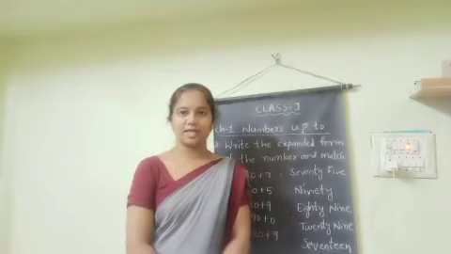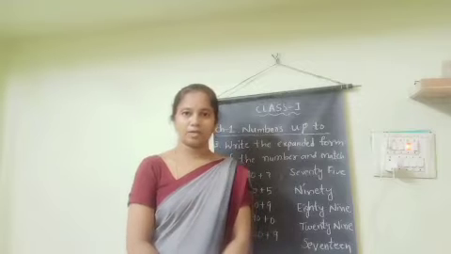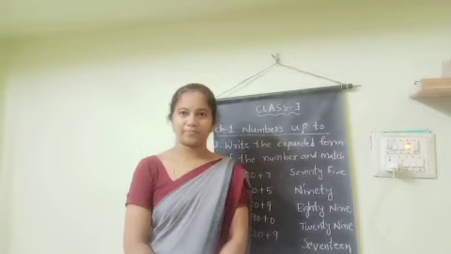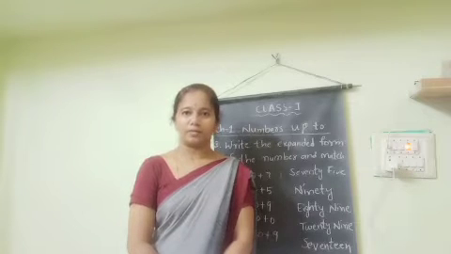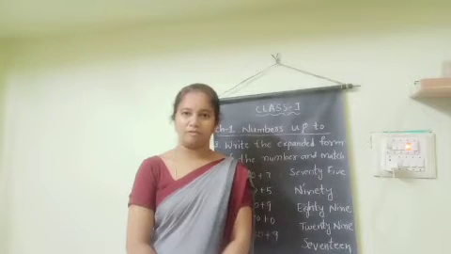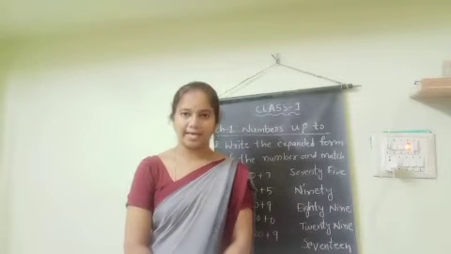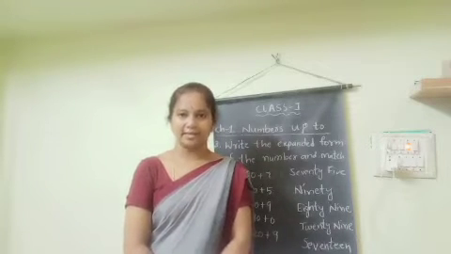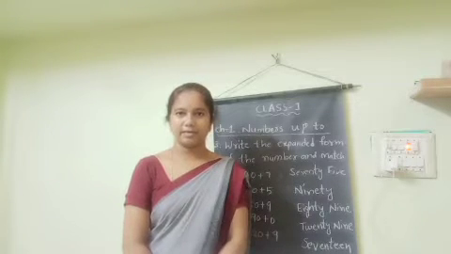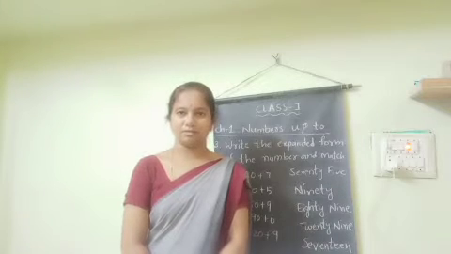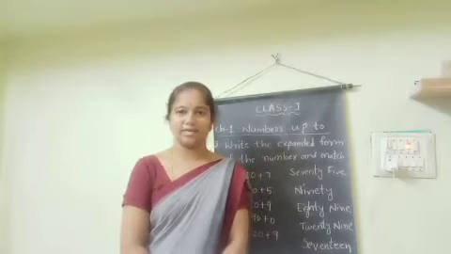So before starting the class, today we are going to learn the two tables. Do you remember the tables? Yes, good. So read. 2 ones are 2, 2 twos are 4, 2 threes are 6, 2 fours are 8, 2 fives are 10, 2 sixes are 12, 2 sevens are 14, 2 eights are 16, 2 nines are 18, 2 tens are 20.